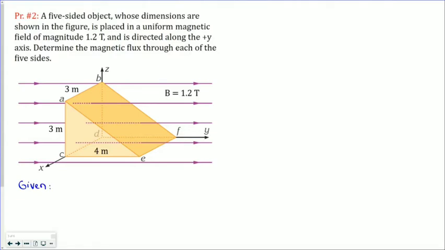We know the magnetic field, it is 1.2 Tesla, and we know the lengths of the sides. So let's start writing AC. The AC length will be equal to the length which is parallel to this, BD, and this is 3 meters.